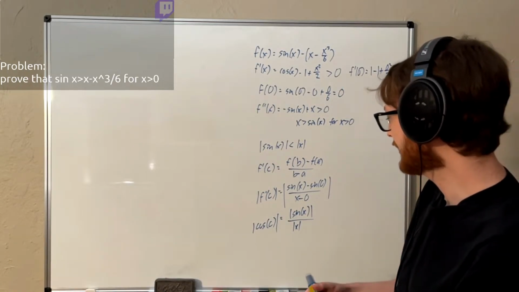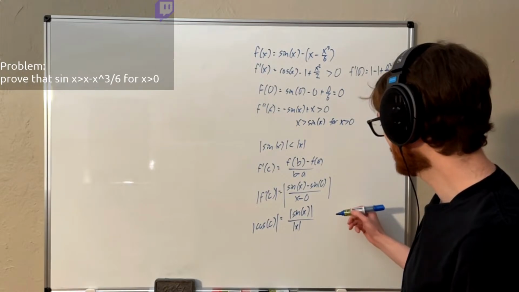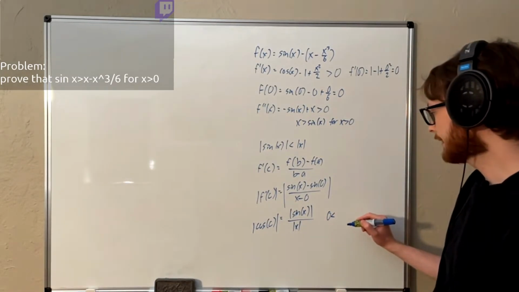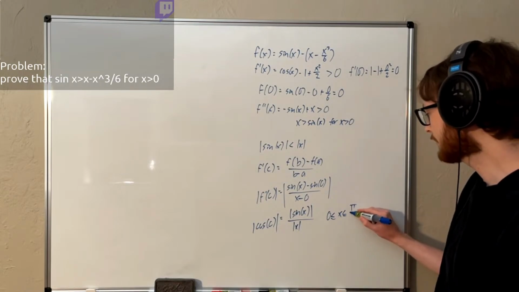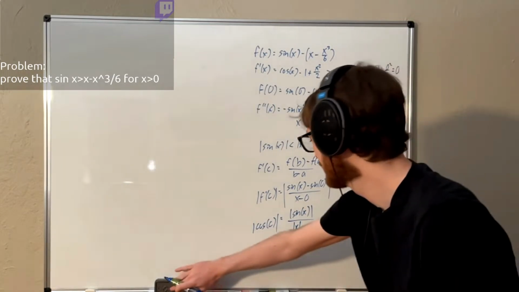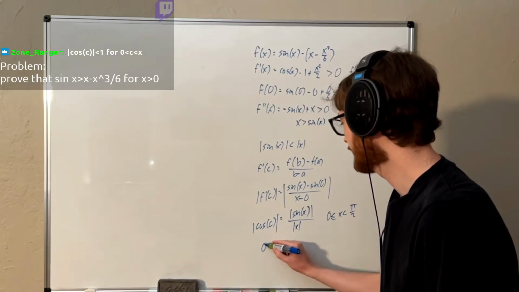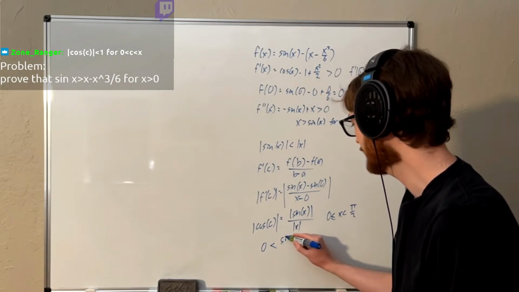And then the idea here is that at least for 0 less than x less than pi over 2, we could just say that 0 is less than this thing?